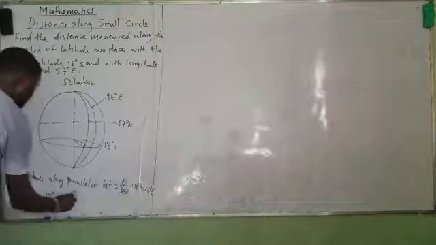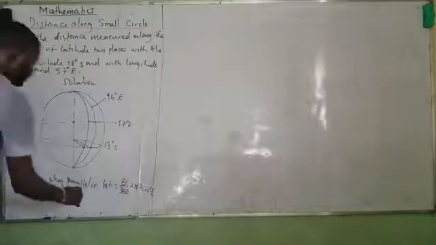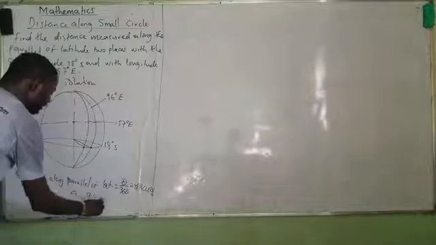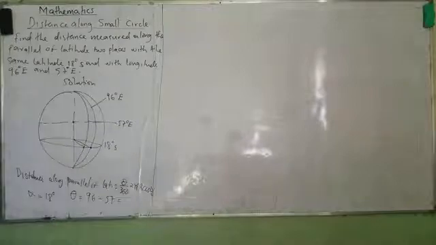My theta will be 96 degrees minus 57 degrees, which I think will be something like 39.